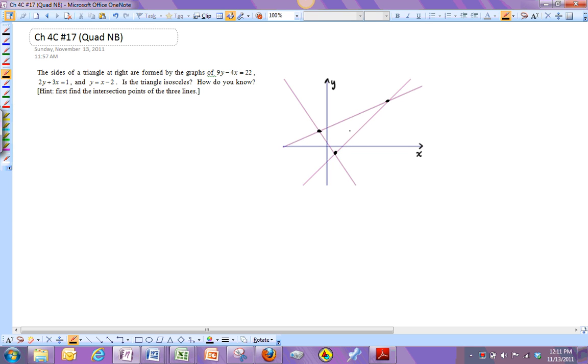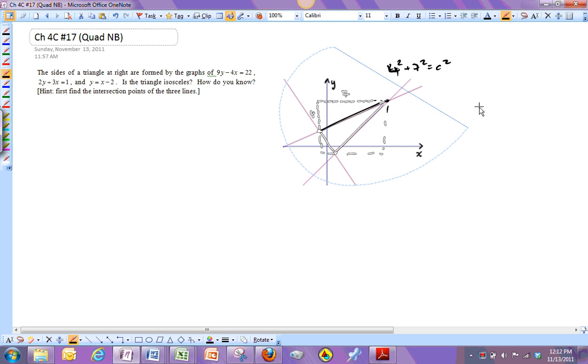Now, in order to figure out how long they are, it's on a graph, so we would be able to do slope triangles here, and if this were 4 and this were 7, I could do 4 squared plus 7 squared equals c squared and figure out what this length is right here. And then I could do the same process here and here and check the three side lengths. And then if it's isosceles, two will be the same. So that's really what we're going to aim for here.